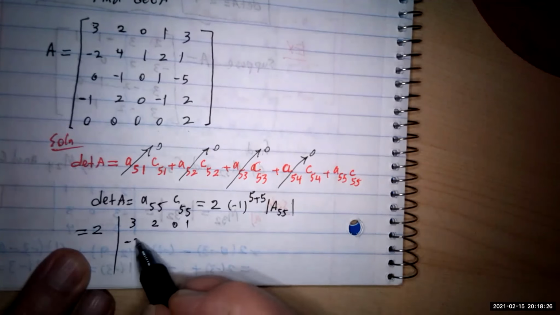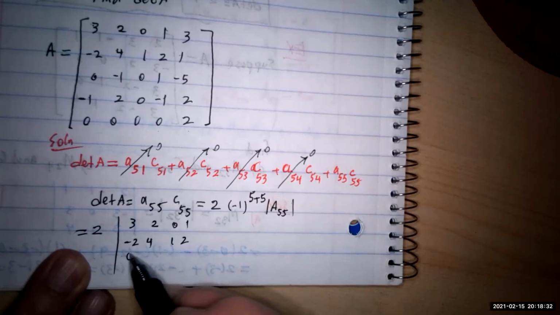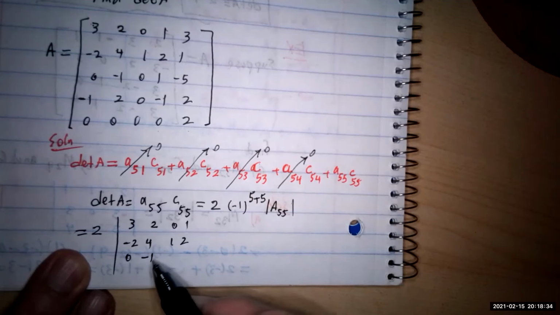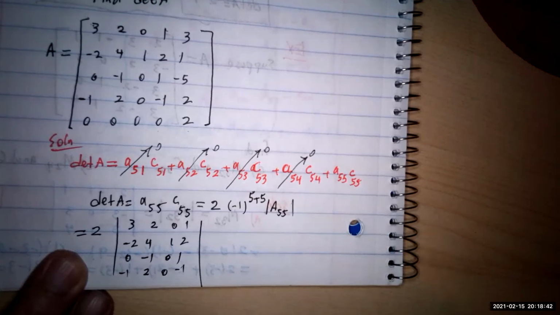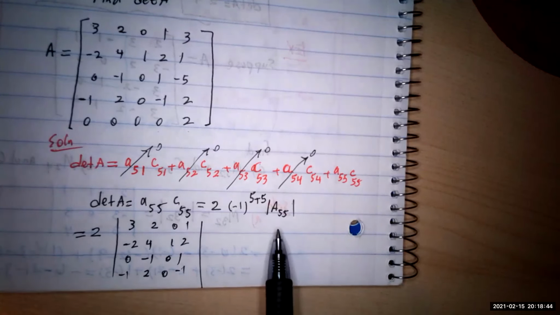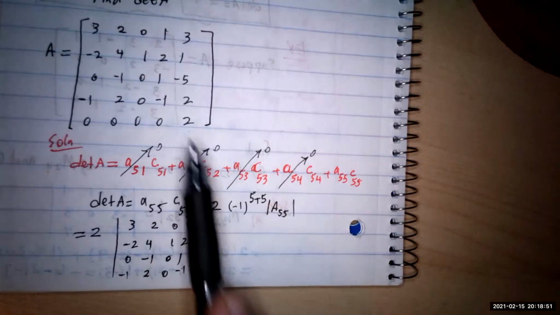And this is going to be negative 2, 4, negative 2, 4, 1, 2. Then 0, negative 1, 0, 1. And then negative 1, 2, 0, negative 1. So this is a 4 by 4 matrix because you eliminated the fifth row and the fifth column.